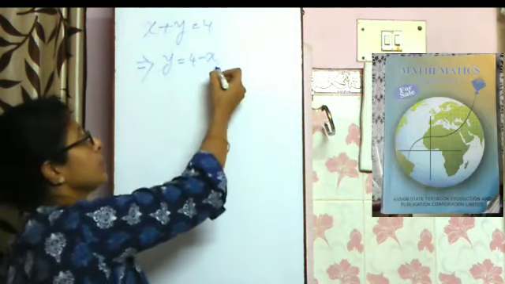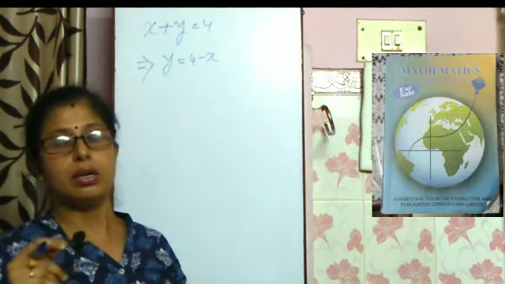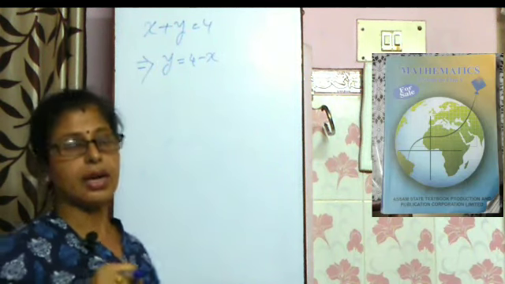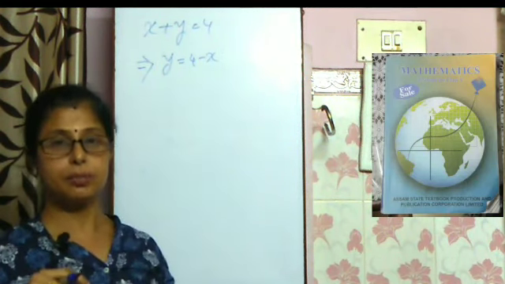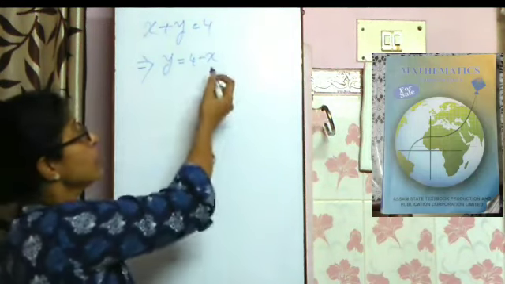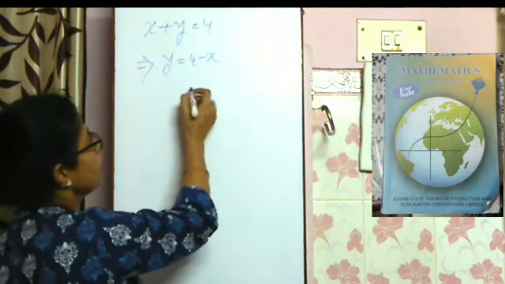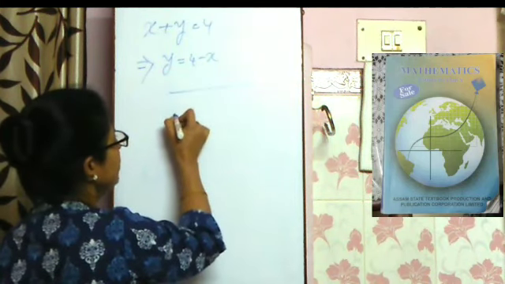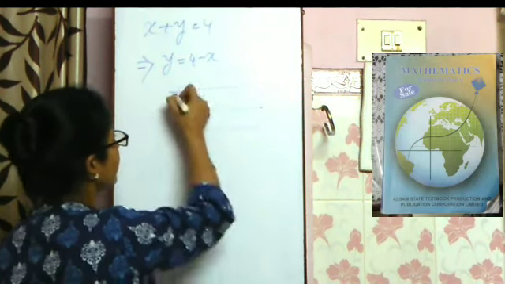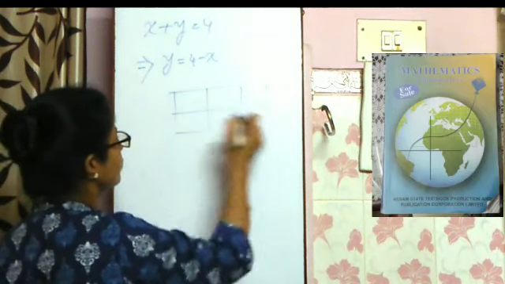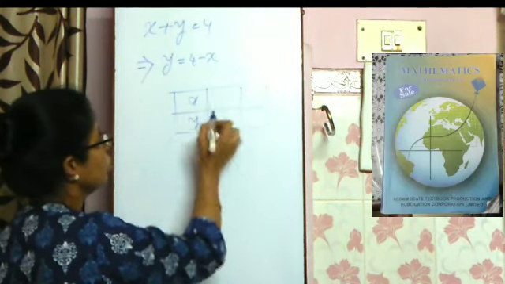Because x is considered as an independent variable and y is considered as a dependent variable. So by using the value of x, we can find y. So we will make a table for finding 2 points minimum.